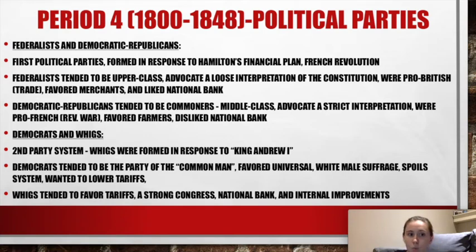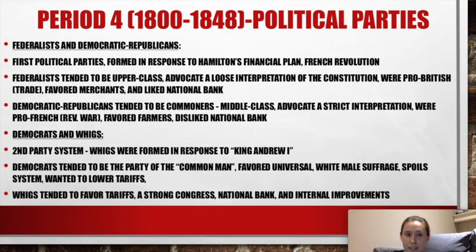The Whig Party is actually going to adhere to more of the Federalist stance on some of these things, such as a stronger central authority, a national bank, money being spent to try to develop the economy, as well as favoring higher tariffs.